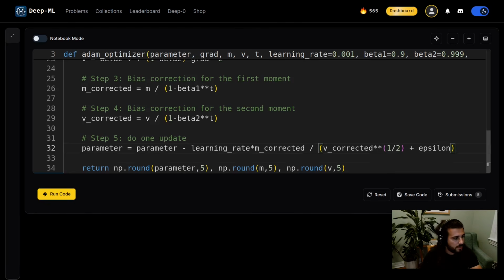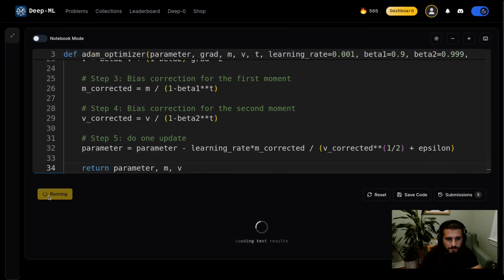And that's it. And then what we need to return here is our new parameter. We have to return our M and our new V. And don't forget, you don't have to return the bias corrected ones, right? You just return the M and V because that's what you're going to use afterward. The bias correction is only for the parameter update.